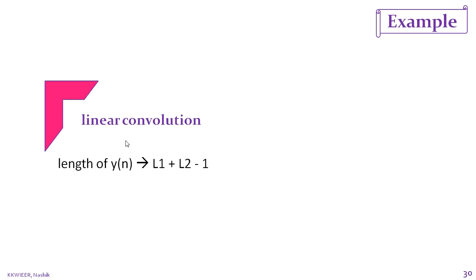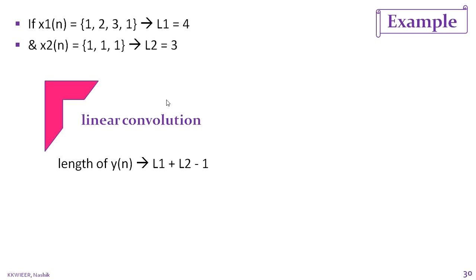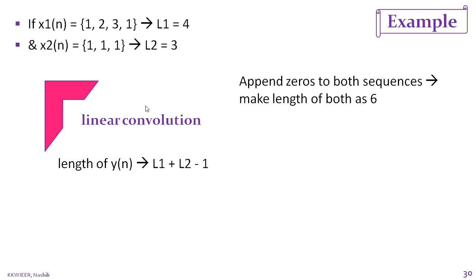Suppose x1 of n is equal to 1, 2, 3, 1. In this case, what is L1? The length of x1 is 4, so L1 will be 4. And x2 is 1, 1, 1, that means L2 is equal to 3. So we append zeros to both sequences to make the length of both 6. Why?